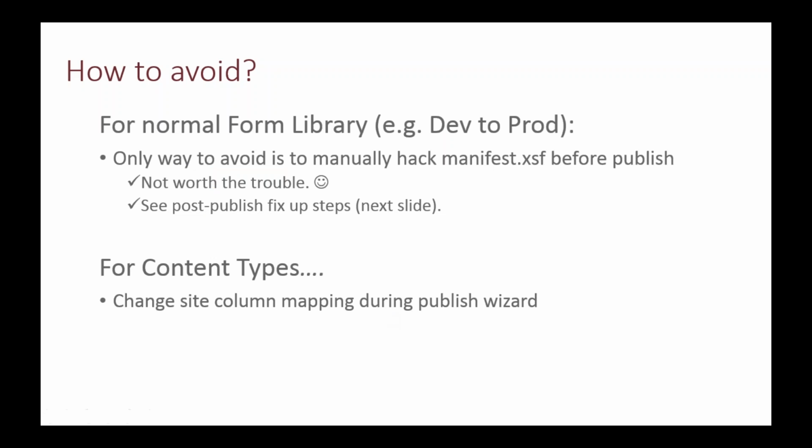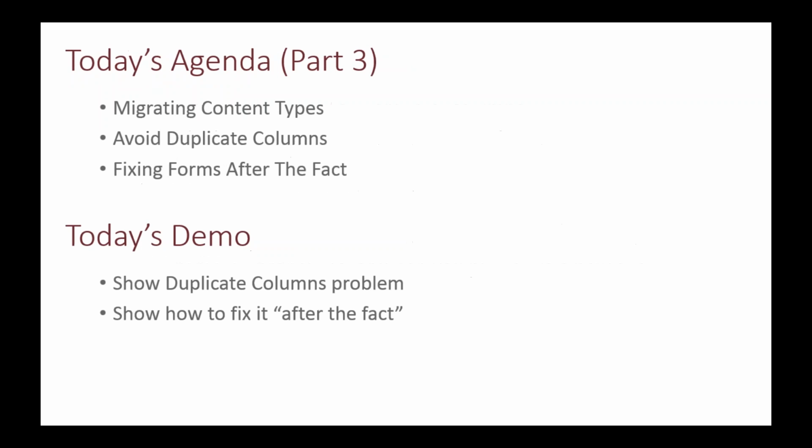So the purpose of this webinar today is to talk about migration again. We've done 2 webinars this summer on migration. In this third one, we want to address one of the most common problems that we have with migration, and that is the duplicate columns.